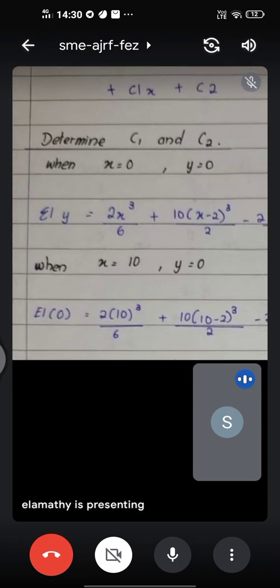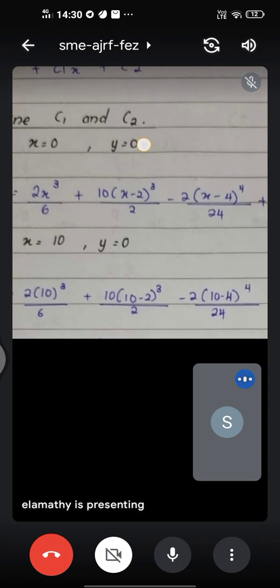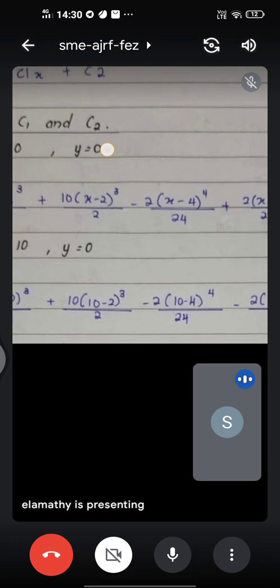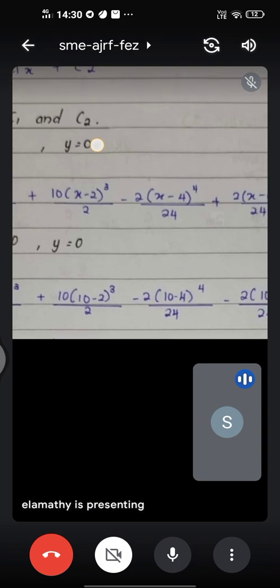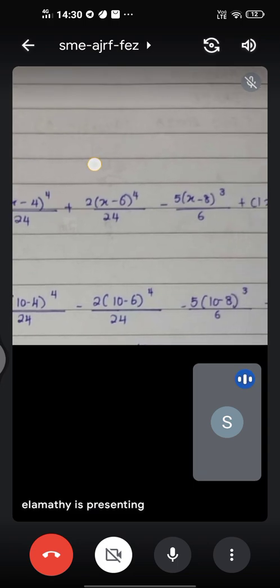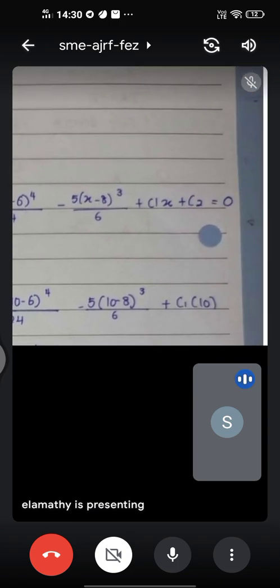So y equals 2x power of 3 over 6 plus 10 open bracket x minus 2 close bracket power of 3 over 2 minus 2 open bracket x minus 4 close bracket power of 4 over 24 plus 2 open bracket x minus 6 close bracket power of 4 over 24 minus 5 open bracket x minus 8 close bracket power of 3 over 6 plus c1 x plus c2 equals 0.